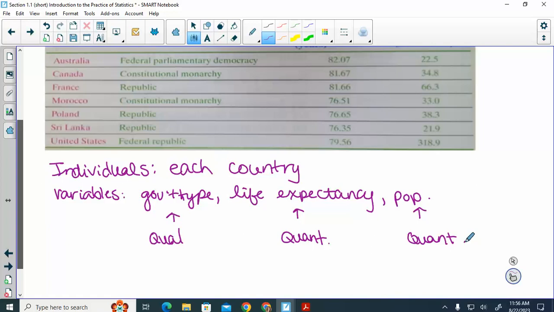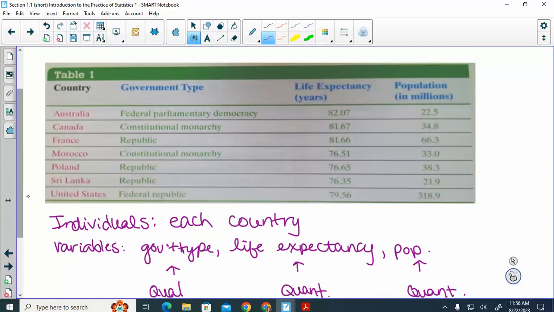of the ones that are quantitative, we could decide, are they discrete or continuous? So discrete means we can list all the possible values. Continuous is when we have an infinite number of values, so things that are decimals without just a set number of decimal places. If we look at our life expectancy, it was in years. Did we just round everything to the whole year though?